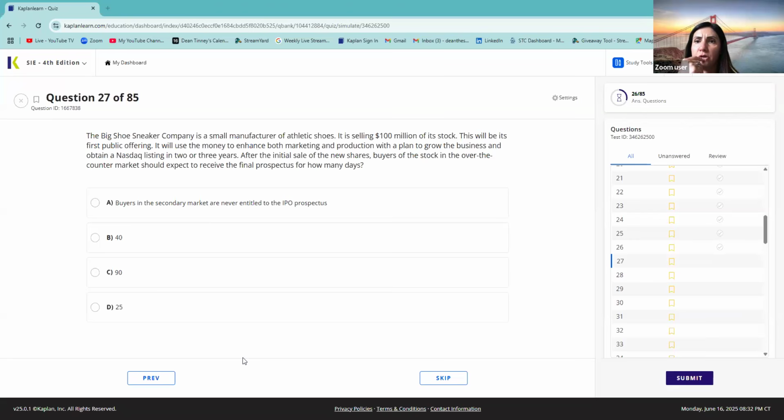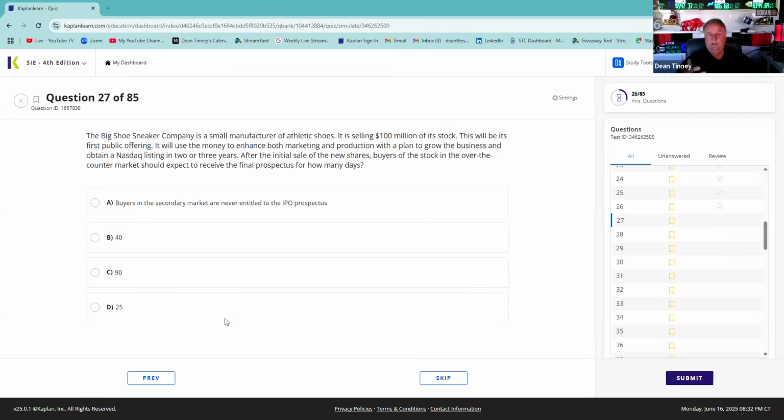Buyers in the secondary market are never entitled to the IPO prospectus. That's kind of, I mean, it's true. Yeah, this is the most thinly traded kind of security you can buy. There's not going to be a lot of research available on this. And so it's going to be 90 days from the effective date. Yeah. So I doubt you'll see this on an SIE.